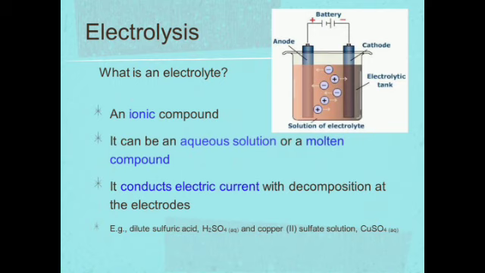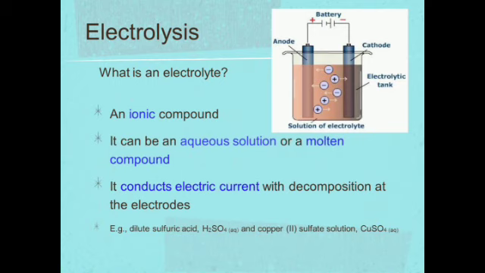Now, let's see what happens at the cathode and at the anode. At the anode, chlorine is produced. Remember, the anode is made of graphite, and the anode is the positive electrode. The chloride is a negative ion, so it will move to that positive electrode.